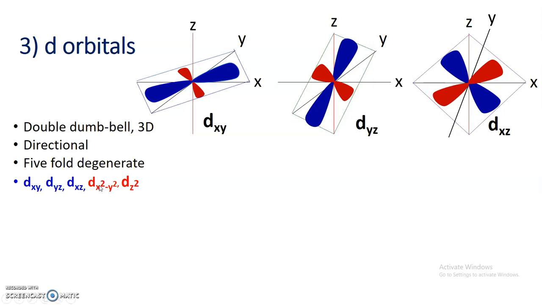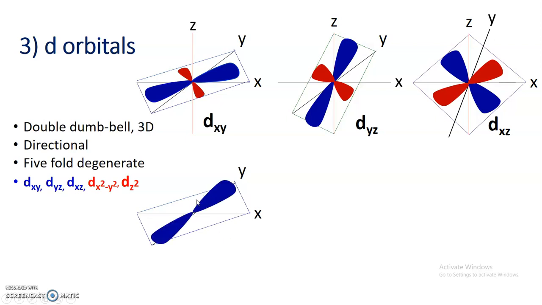Now consider the shape of dx square minus y square. This is the x axis and this is the y axis. This is the xy plane as we considered for the dxy orbital. Now in the case of the dx square minus y square orbital, lobes are oriented along the axes.